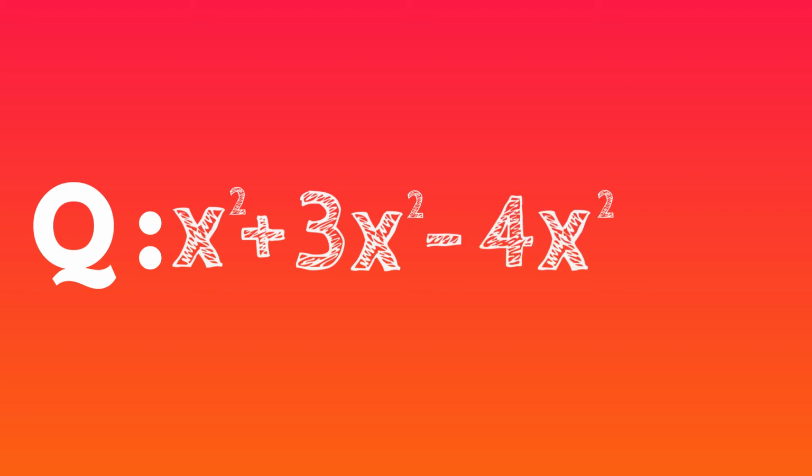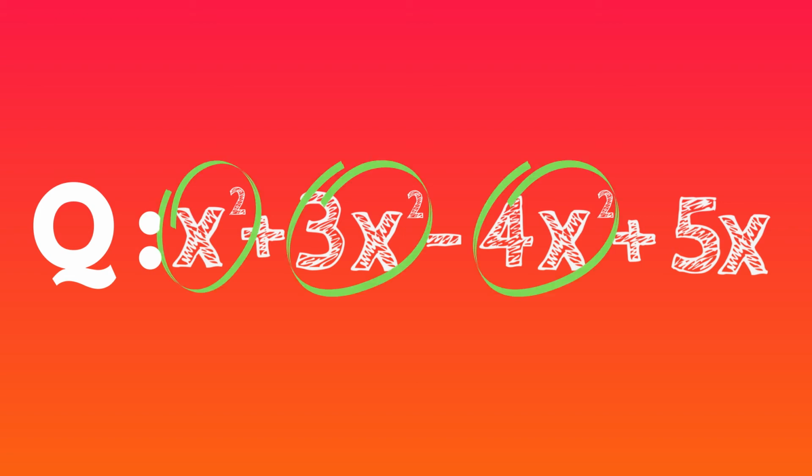Then we look at example 2. It says x squared plus 3x squared take away 4x squared plus 5x. Now, this one has got 3 terms that have the same power on them. X squared plus 3x squared take away 4x squared.